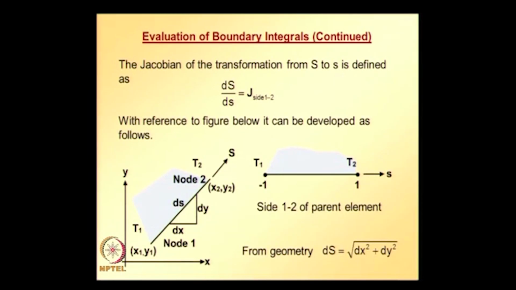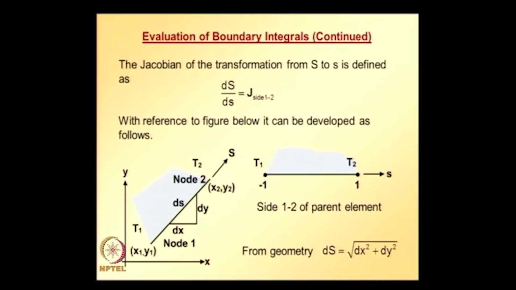To get that let us closely look at this figure which shows only side 1 2 in the actual element and also side 1 2 of the parent element. The actual element is shown in the figure on the left hand side and the parent element side 1 2 is shown on the right hand side.